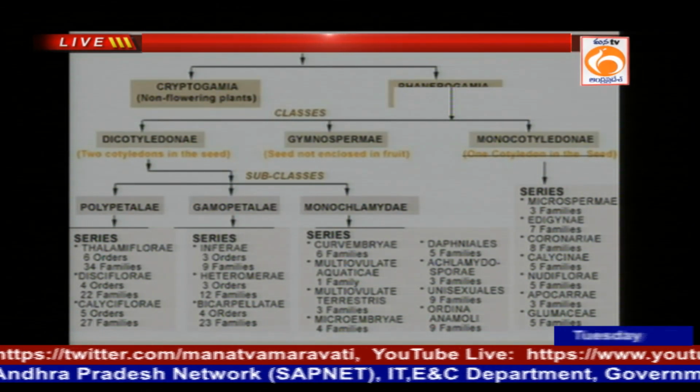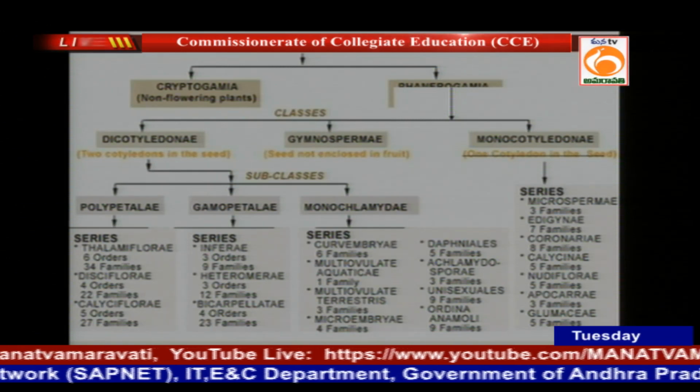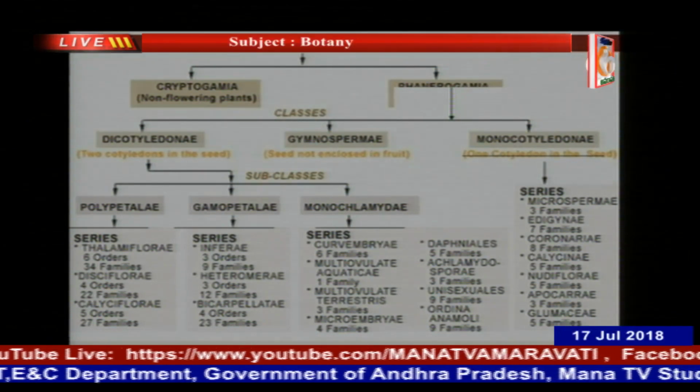Even in the Monocotyledons, the series are divided into families. There do not exist any cohorts. So these two great systematists did very well elaborated work. At the same time, they forgot about the important contributions made by several scientists of that time.